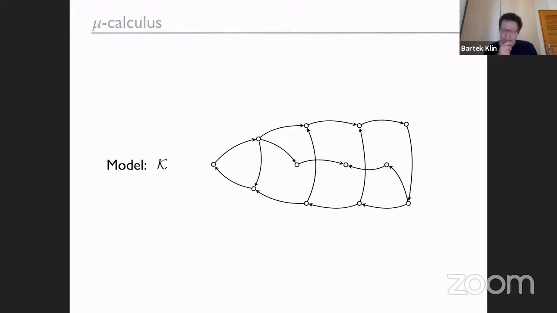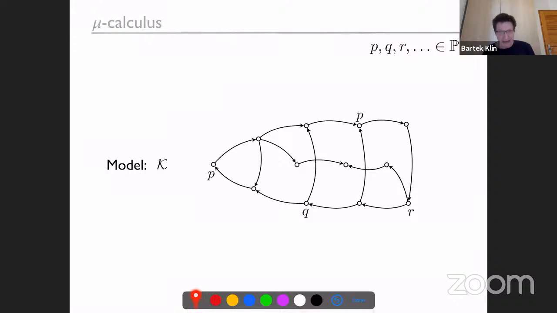And additionally, for this graph to become a model, it will be state labeled with some labels from some finite, perhaps infinite set of basic predicates. Some of the states, perhaps not all of them, will be labeled by these basic predicates, and then my formulas in the basic calculus will define properties of such states.